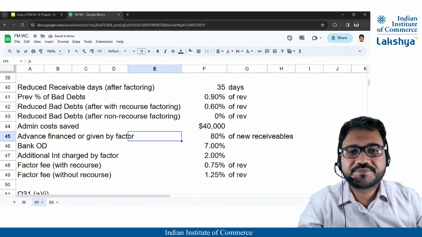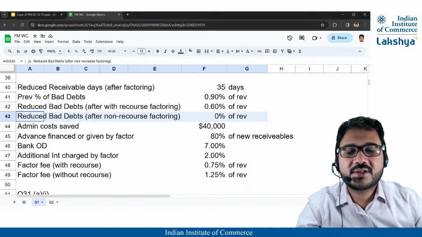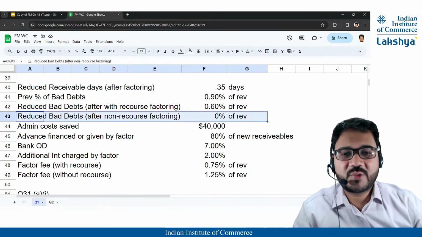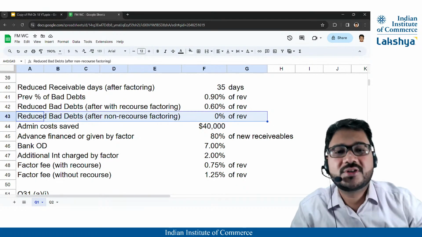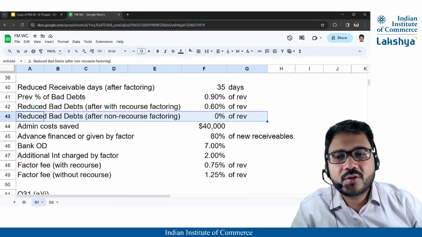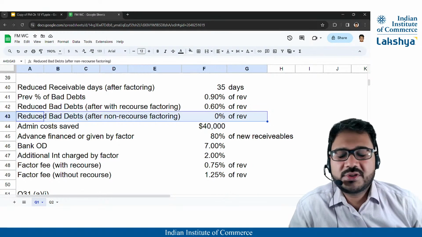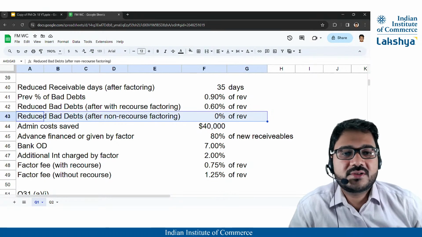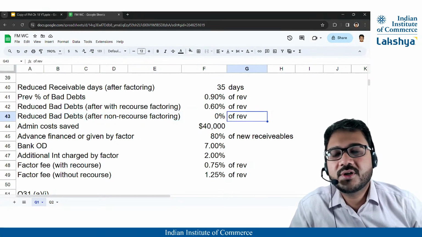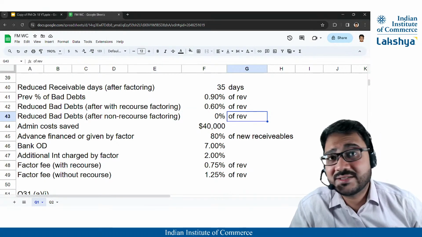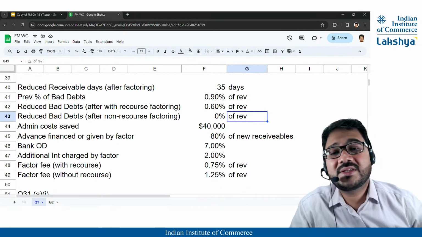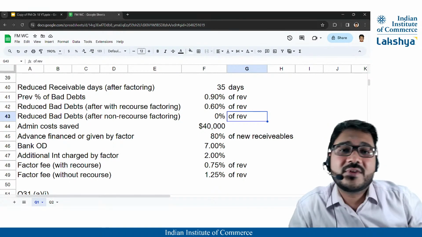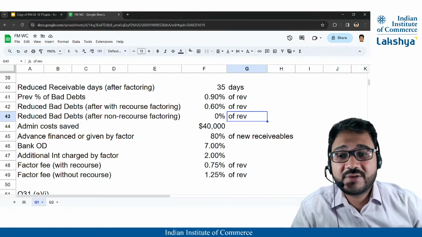All right. So this wasn't explicitly given in the question. It is understood that since there is no recourse, we have full insurance against bad debts. Bad debts are no longer our responsibility. It is the headache of the factoring agent. For that, we are paying extra.